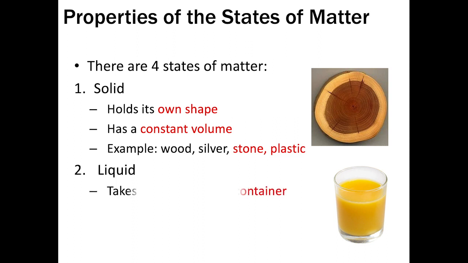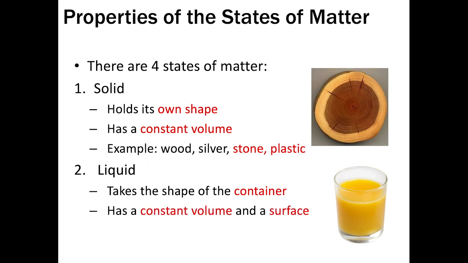Liquids, on the other hand, take the shape of a container. If I pour some coffee into a frying pan, it's going to take the shape of the frying pan. If I pour some coffee into a cup, it's going to take the shape of the cup. It always has a constant volume and surface.